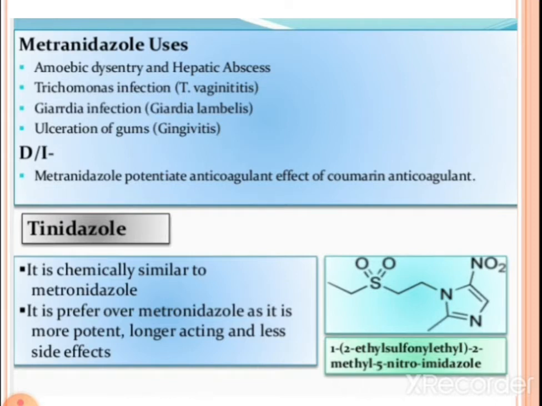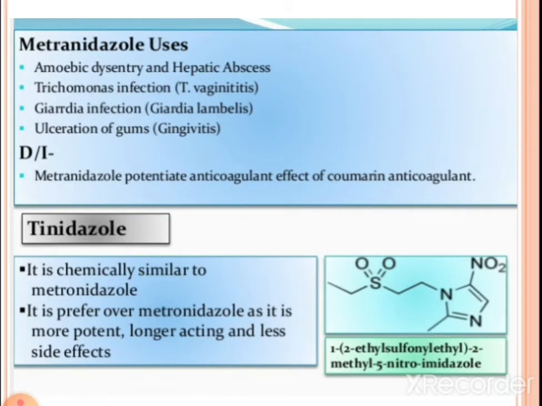So the first drug, which we have already discussed, is metronidazole, and the second drug from this class is tinidazole. This tinidazole drug is chemically related to metronidazole, so there is structural similarity. We can see the structure over here.